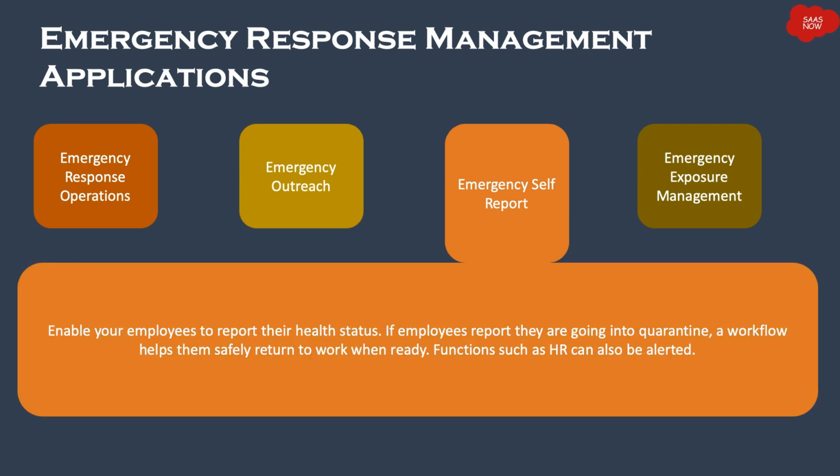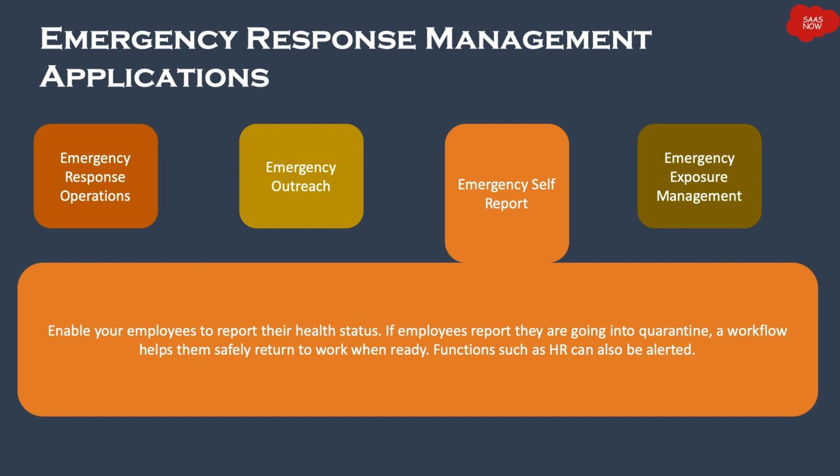Then we have Emergency Self-Report, which enables your employees to report their health status. If employees report they are going into quarantine, a workflow helps them safely return to work when ready. Functions such as HR can also be alerted.